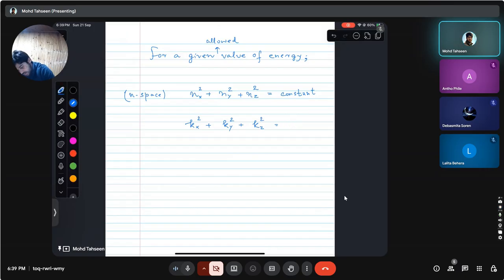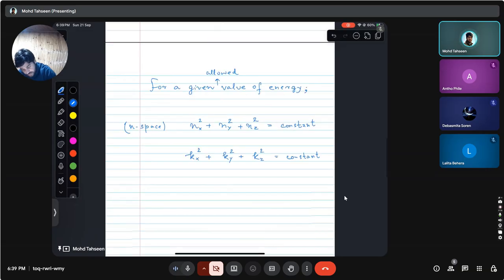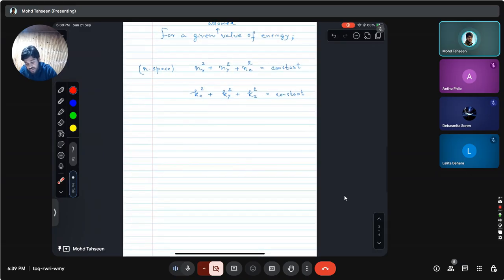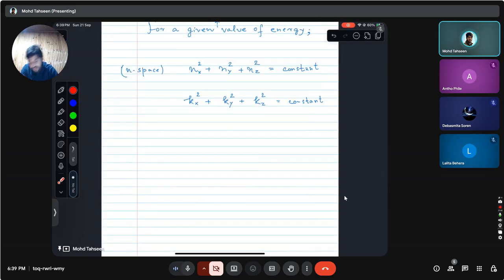So, yeah, we were discussing these two equations, and what we said is for a constant value of energy, the sum here and the sum here should be constant. Since these are coordinates in n space and k space, these equations describe a sphere in their respective spaces.